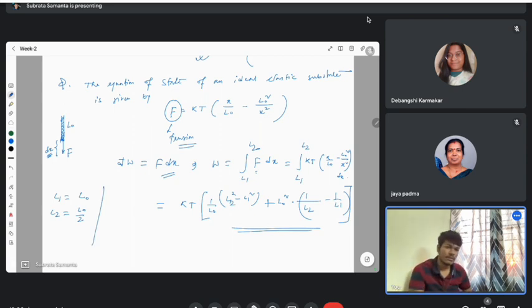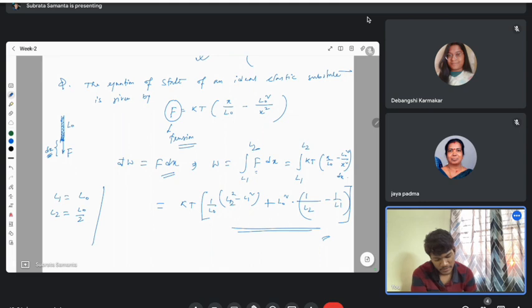Then it's like a gaseous system. So when we put the negative sign, it automatically comes in. When your upper limit is smaller than the lower limit, we get a negative sign, right?